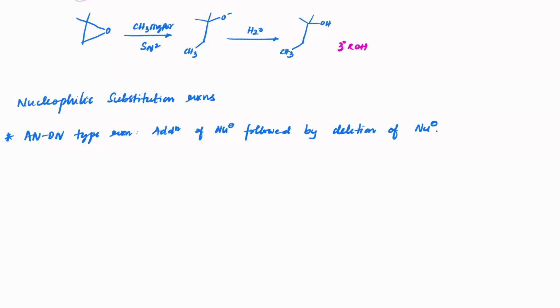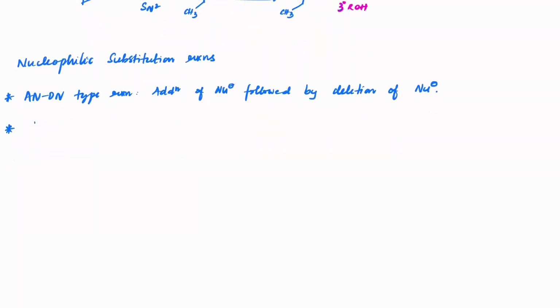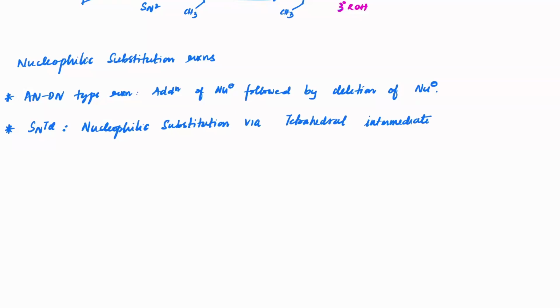Another terminology that is used is SNTD, which means nucleophilic substitution via tetrahedral intermediate.